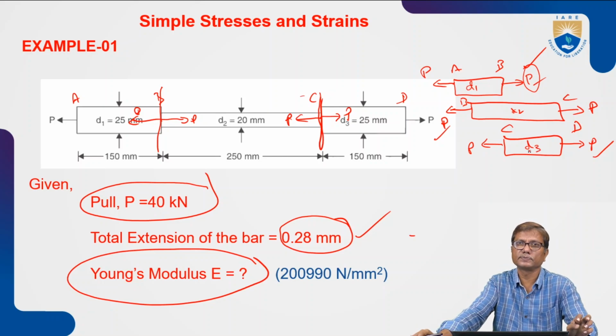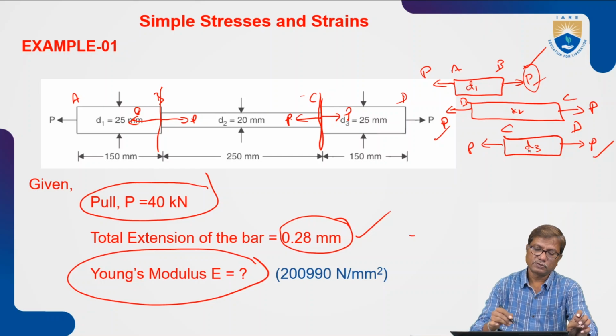So all these 3 portions are subjected to tensile stresses. That means all these 3 portions undergo extension, tensile strain. There will be some increase in length of these 3 portions. What is given is the total extension of the bar. Let it be delta.